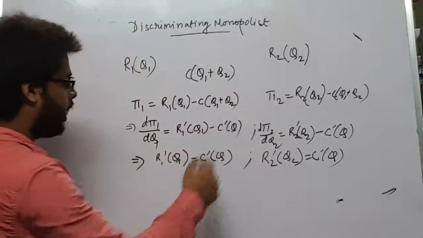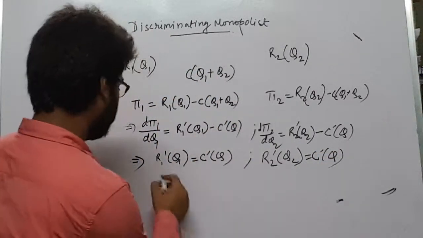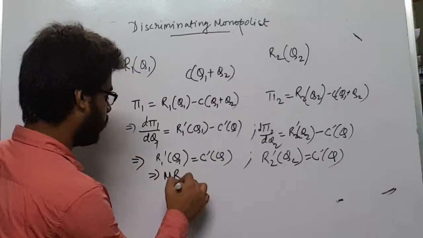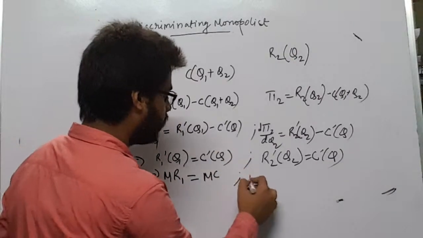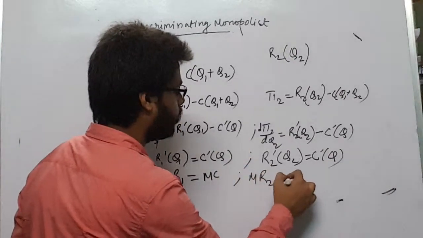So what are R1', R2' and C'? These are marginal revenue and marginal cost. Marginal revenue of market 1 should be equal to marginal cost, and marginal revenue of market 2 should be equal to marginal cost.